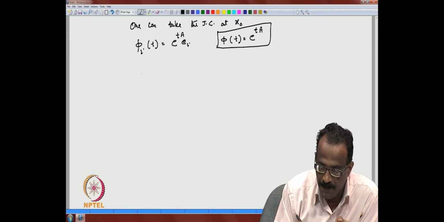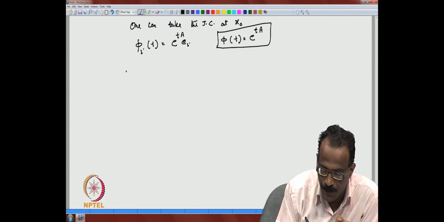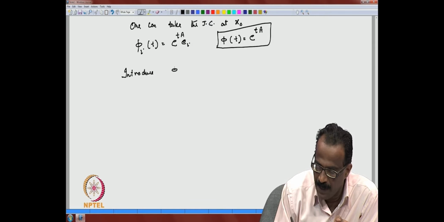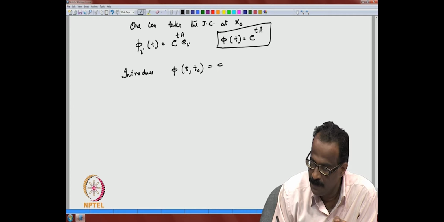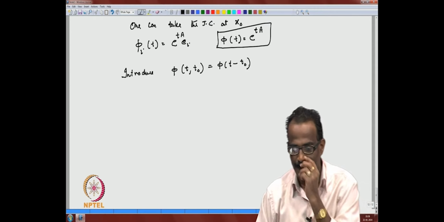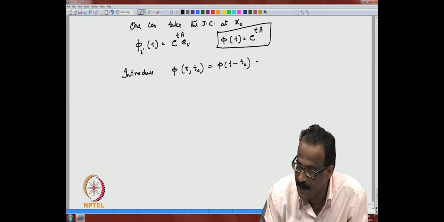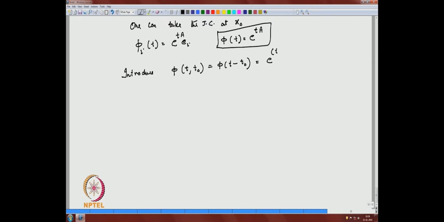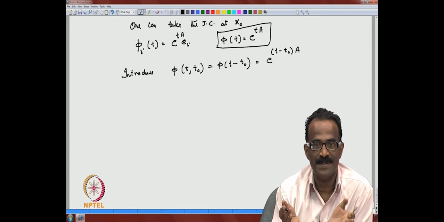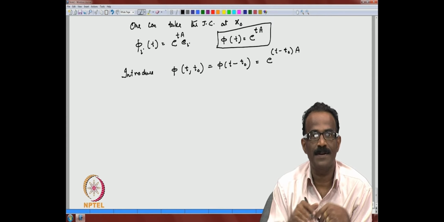So, I can take phi at t naught. These are all very special cases, which work for the autonomous system. This is nothing but e power t minus t naught of A, and this phi t naught again will satisfy your matrix differential equation, but with the initial condition at t naught.